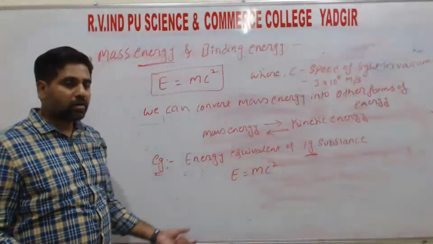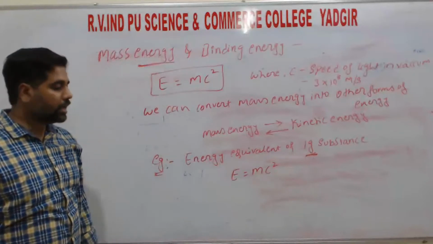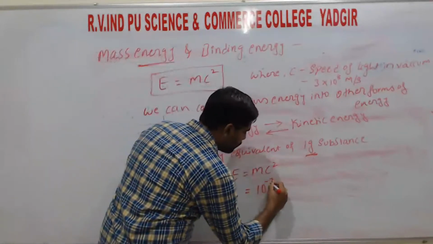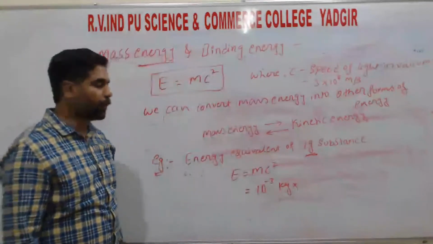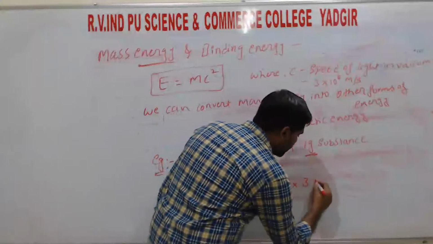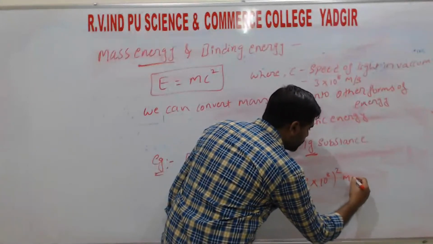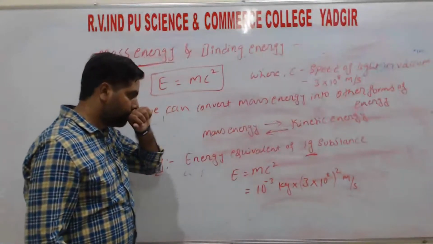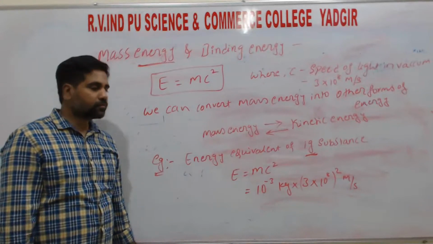We can convert mass into the form of energy, right? So 1 gram is 10 to the power of minus 3 kg, into the speed of light, 3 into 10 to the power of 8 whole square, that is meter per second, right?